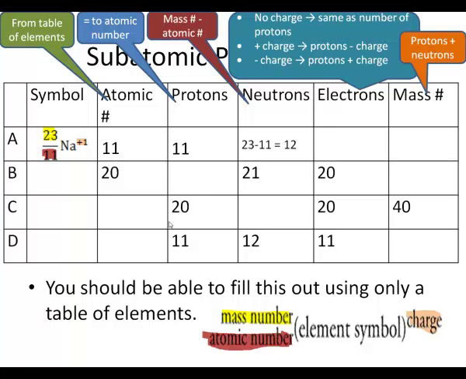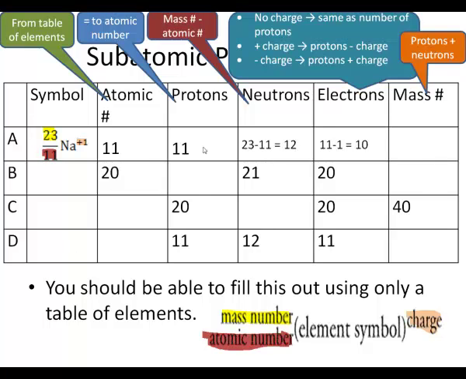Next up we have electrons. We see that we have a positive charge here, so that means we need to take the protons, 11, and subtract 1. That gives us 10. Another way to do this is just to look at the charge. Since this is +1, and I know that for it to be positive, I need more protons than electrons, I know I have one more proton than electrons.